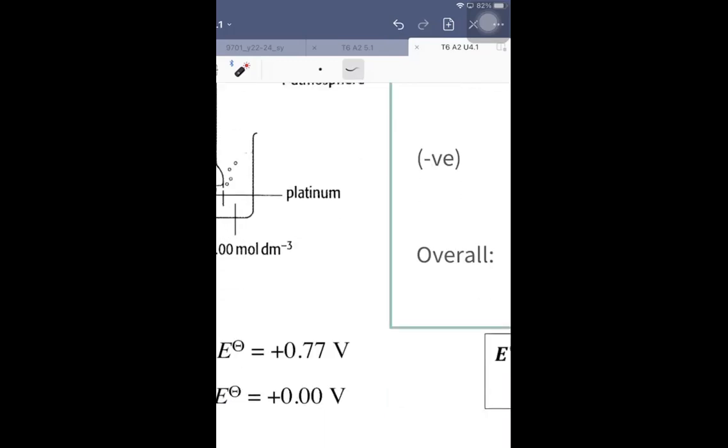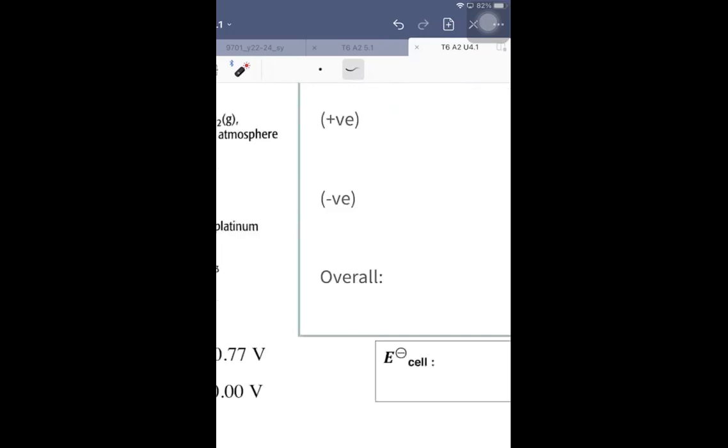Okay, so from the data booklet, we've got the E naught value for Fe3+, Fe2+ to be positive 0.77 volts, and the standard hydrogen electrode to be 0 as usual, because it is used as a reference.